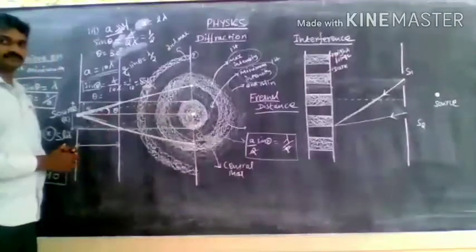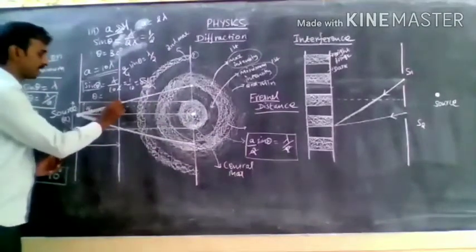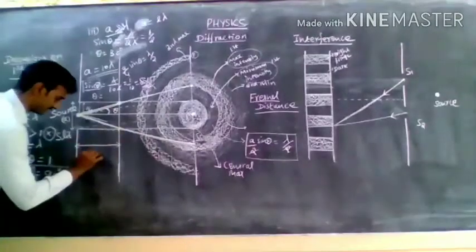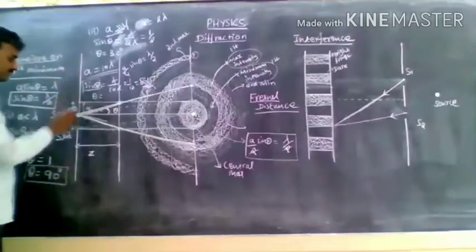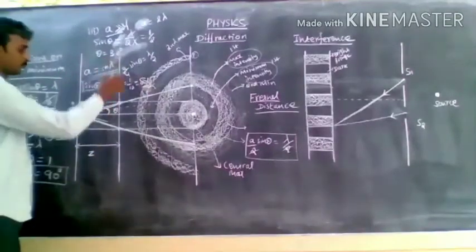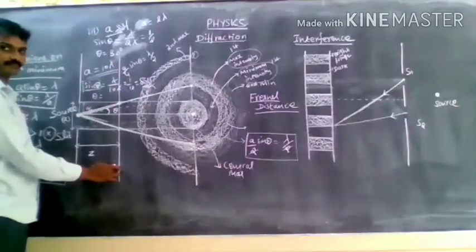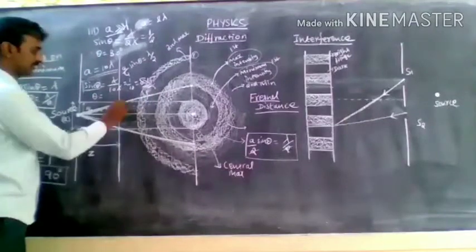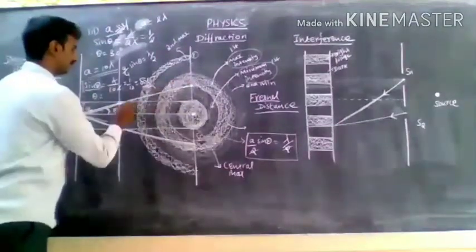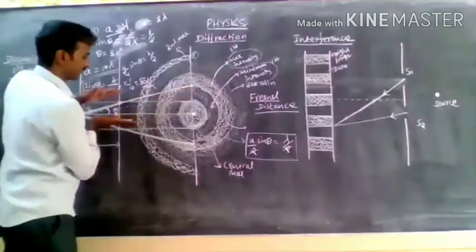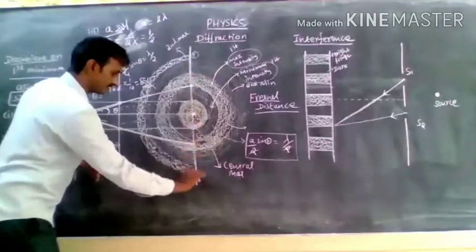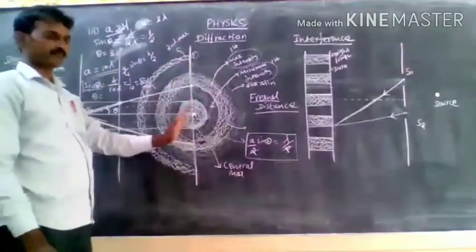spot. So we cannot obtain the diffraction pattern up to the distance z from the source to the position of the screen. Beyond this point, beyond this screen position, the diffracted ray moves away from the central bright spot, and we get the diffraction pattern on the screen.